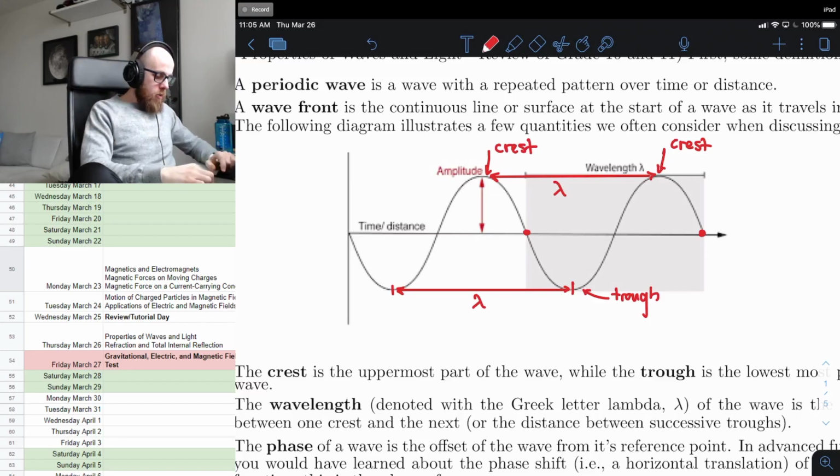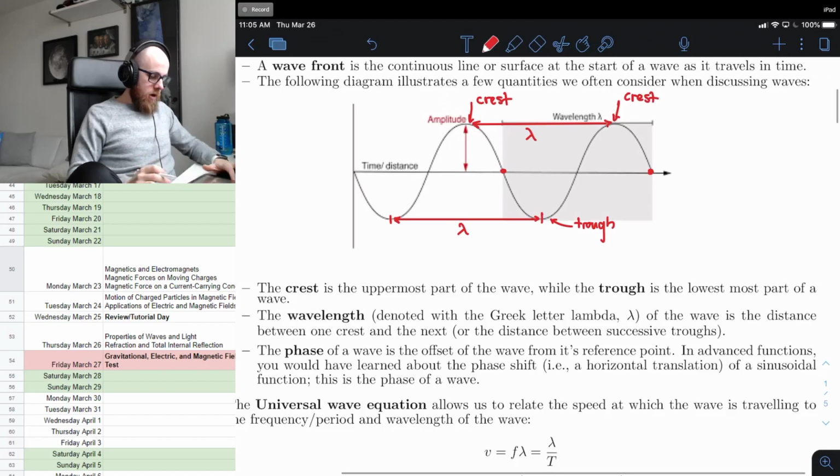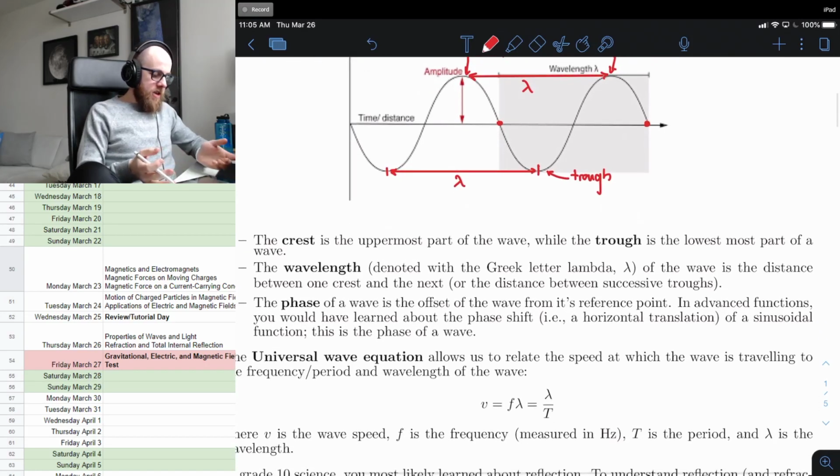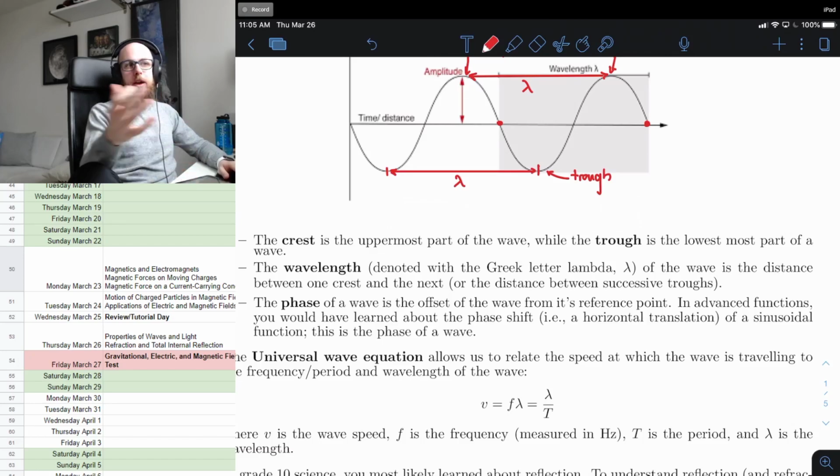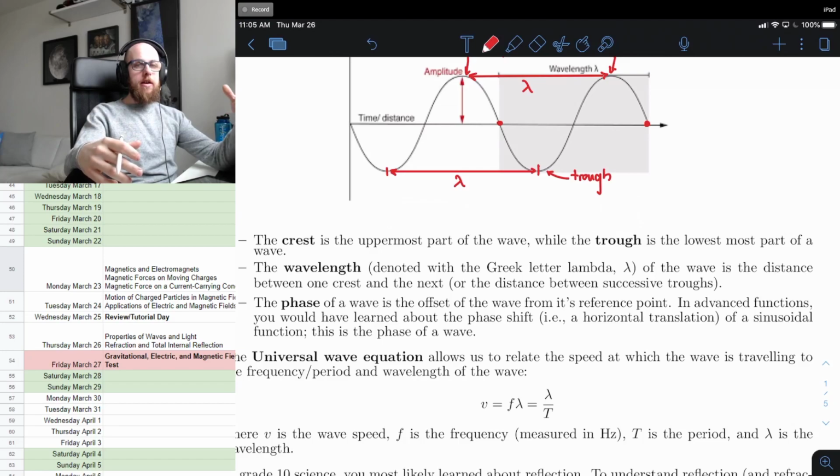One term which may be familiar to some of you, interrupt me if it's not, is the phase of a wave. The phase, or phase shift, is the offset of a wave from its reference point. In advanced functions, you had a nice way of describing this: the phase shift is just a horizontal translation, left or right, of our sinusoidal function.